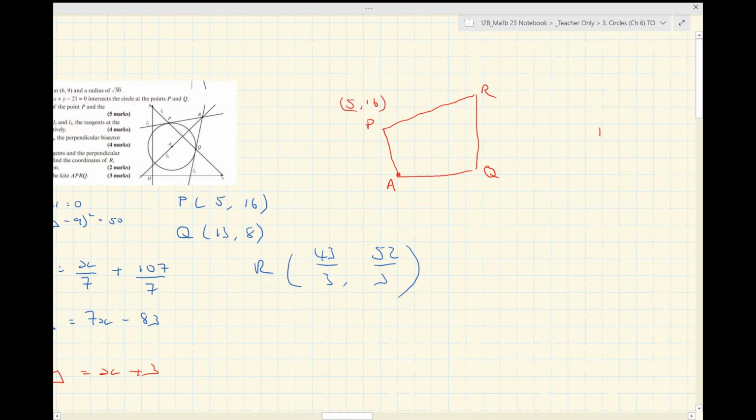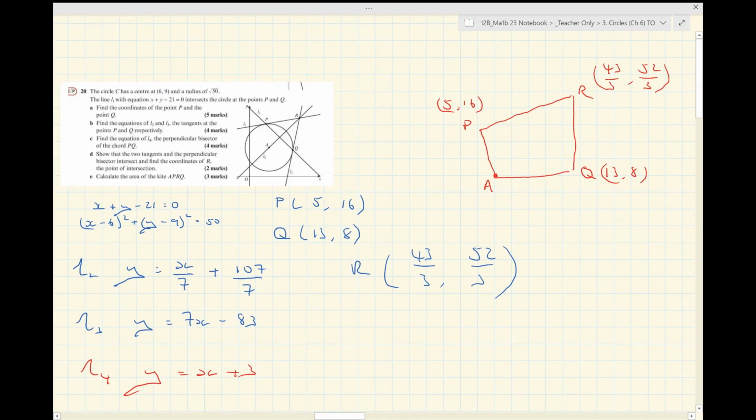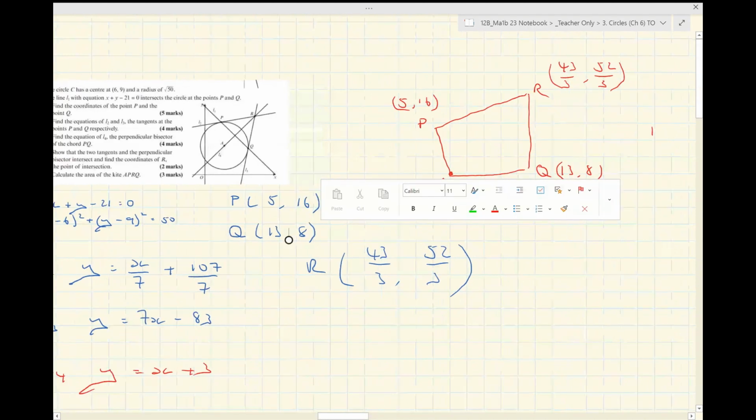I know the coordinates of Q, 13, 8. I know the coordinates of R, because I've just worked them out. And I know the coordinates of A, because that's the centre of the circle, 6, 9.